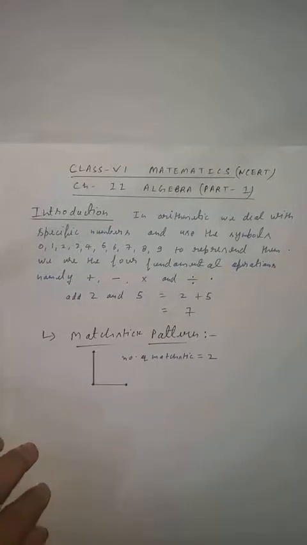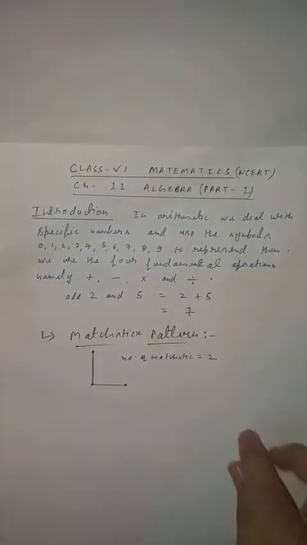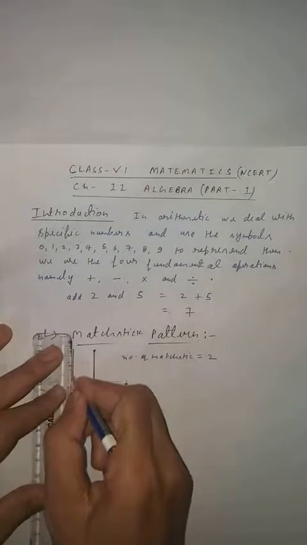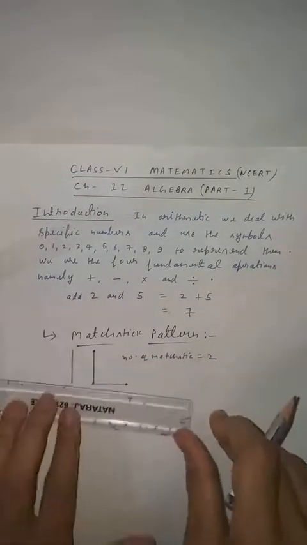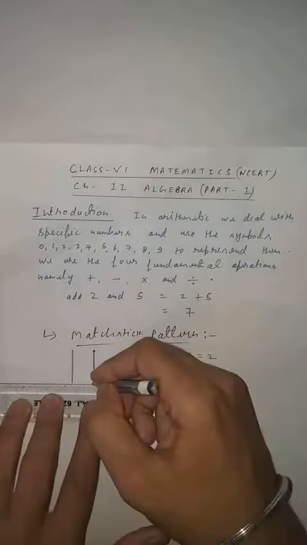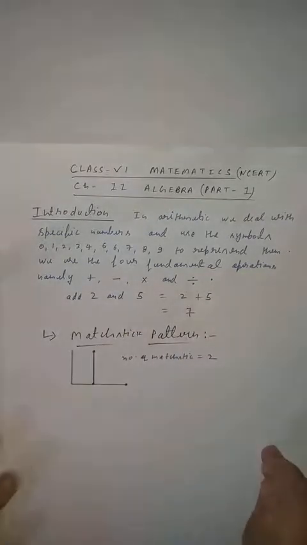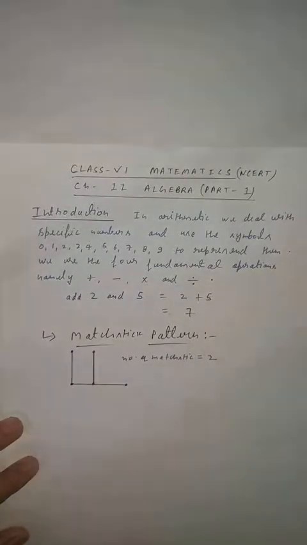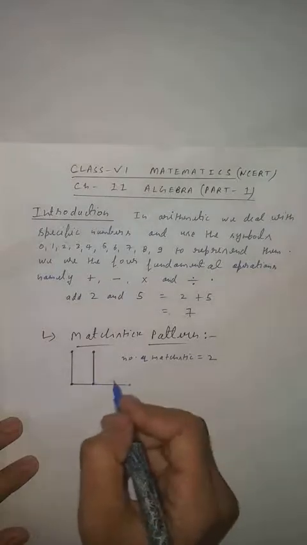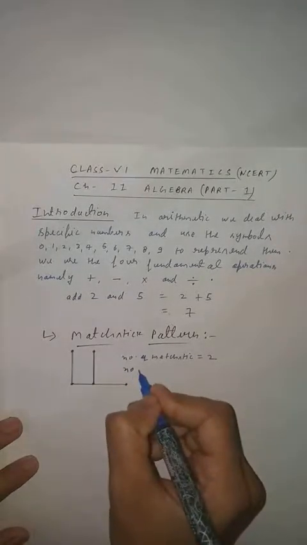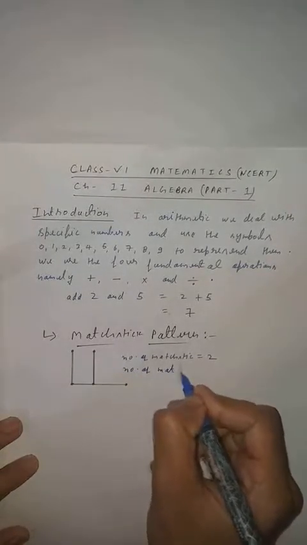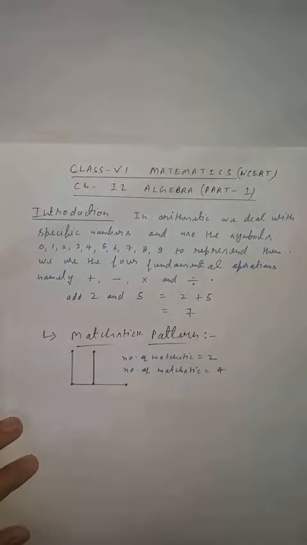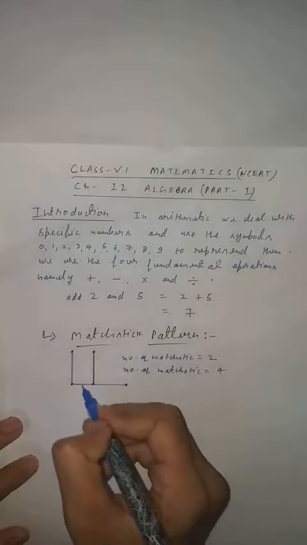Let us draw another one. Mark it. So for 2L the number of matchsticks is equal to 4. You can count: 1, 2, 3, 4.